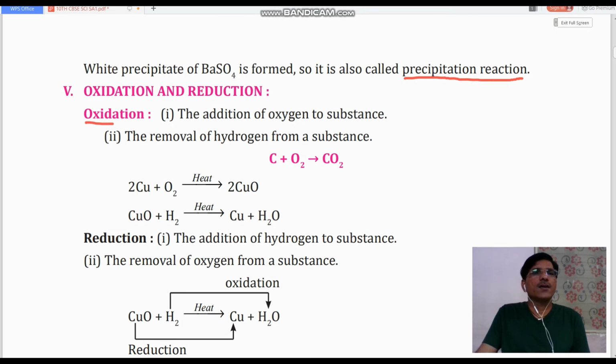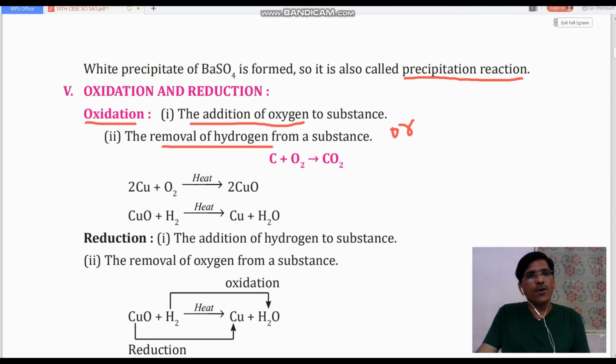Simple logic: addition of oxygen is called oxidation, or another way to say it, removal of hydrogen from a substance is also called oxidation.